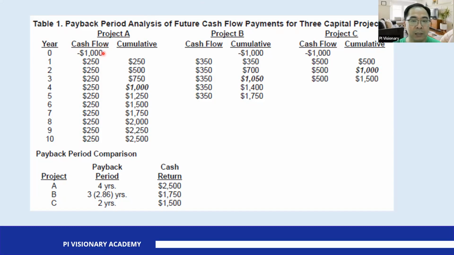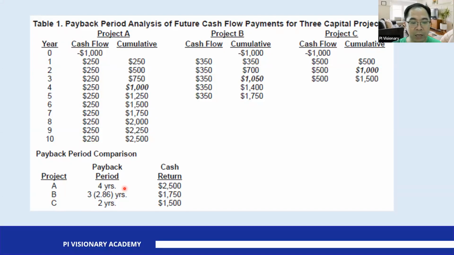You want to buy a new machine, 1,000 ringgit, example only. This machine can produce a new product and generate sales. So every year comes in 250, 250, 250, 250. If you accumulate it, year 1, year 2, year 3, and year 4. Therefore, how many years will this take? Project A will take 4 years to pay back.